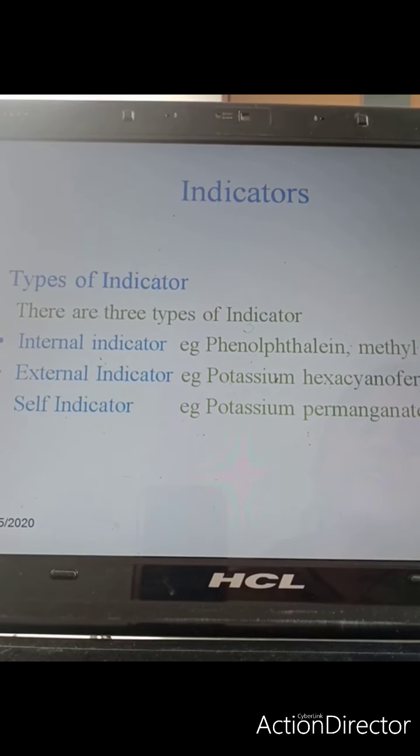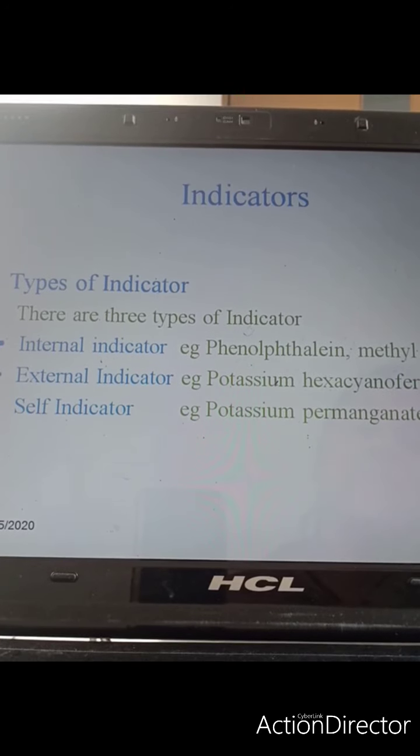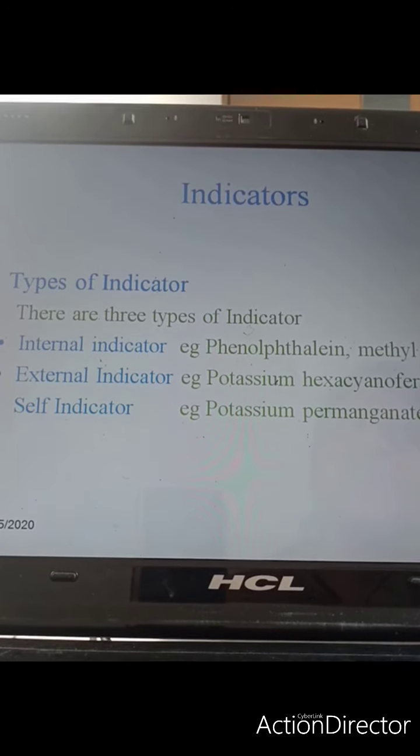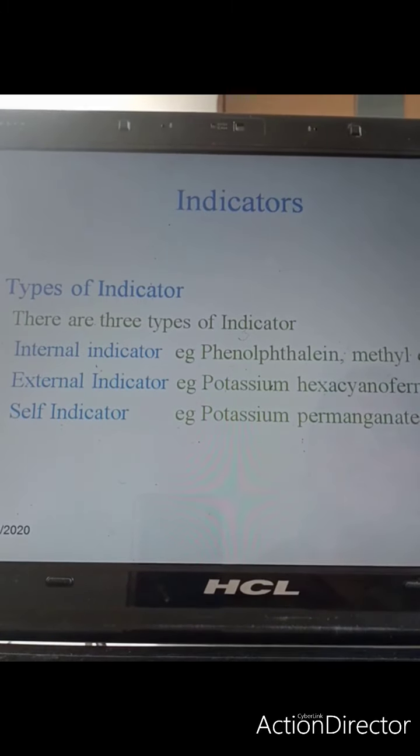Next is the self indicator, like potassium permanganate or potassium dichromate. They are taken as the standard solution, and during the course of the reaction they undergo reduction or oxidation, due to which there is a color change, and there is no need to add any other indicator.